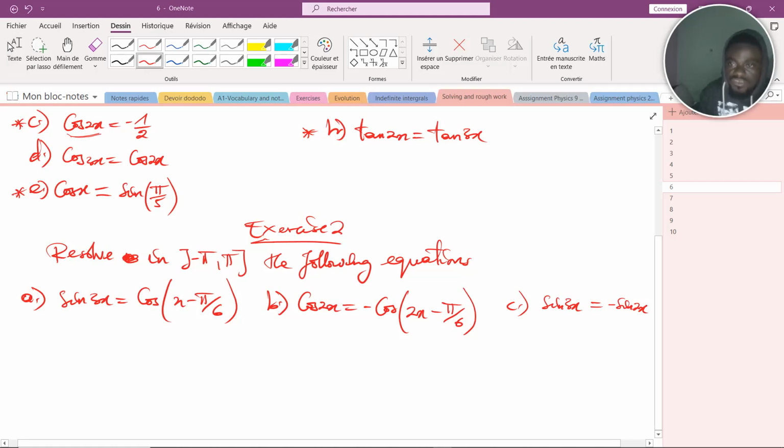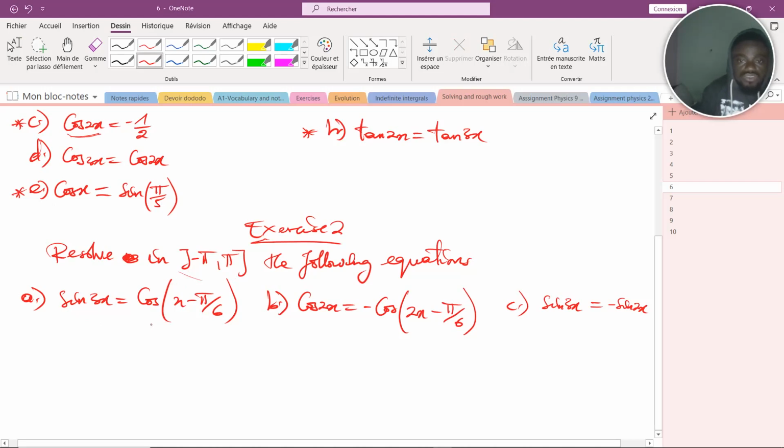After finding the general solutions, you find the values of k that will be valid on this interval, and from there you deduce the solutions on this interval. I hope you understand what I'm saying.